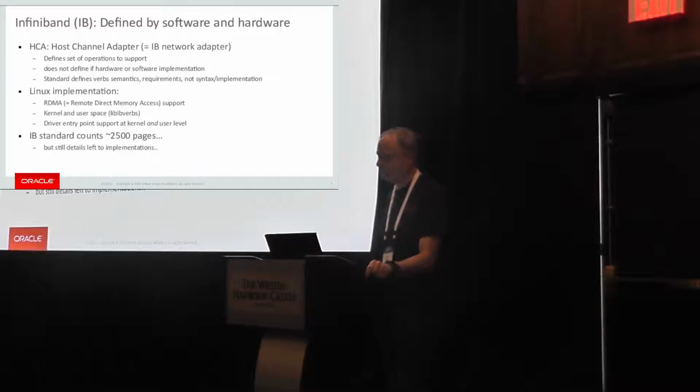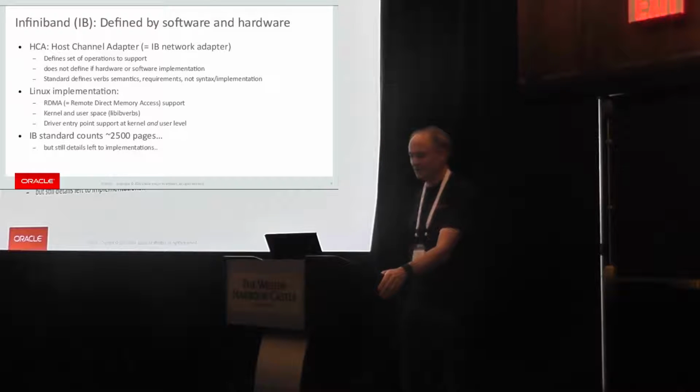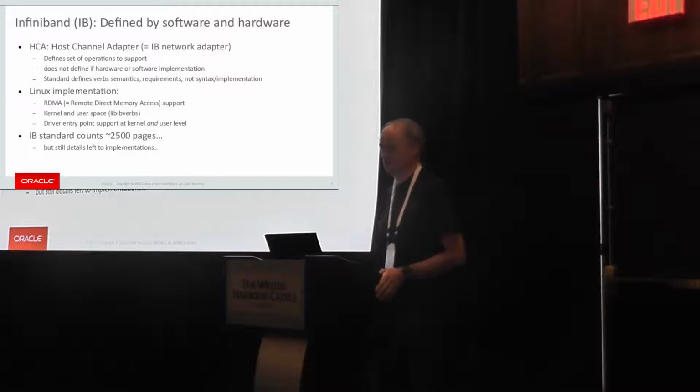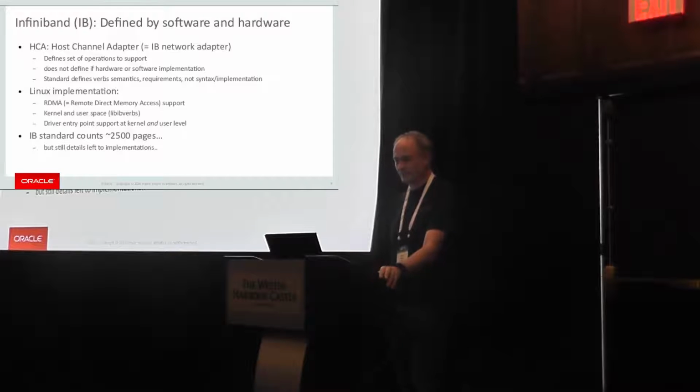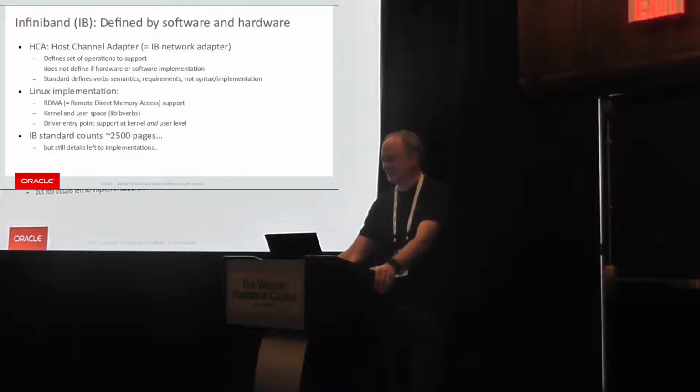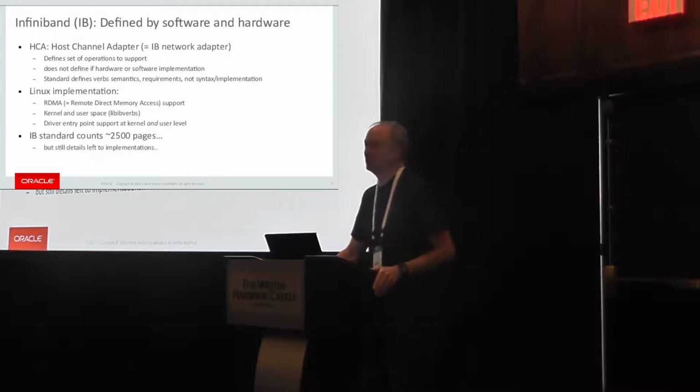It has a kernel and a user space part, and the kernel and user space interfaces are quite similar, but the reason why we have a user space part is because we want to be able to bypass the kernel as much as possible. And the standard is quite a beast, more than 2,500 pages, but still there are details that are left to implementations.